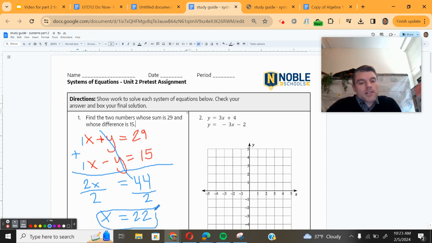Now I'm going to plug this into one of the equations to get y. So I'm going to plug it into the first one. x plus y equals 29. Instead of x, we're going to use 22.